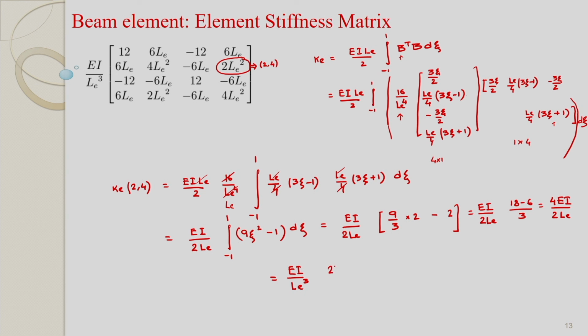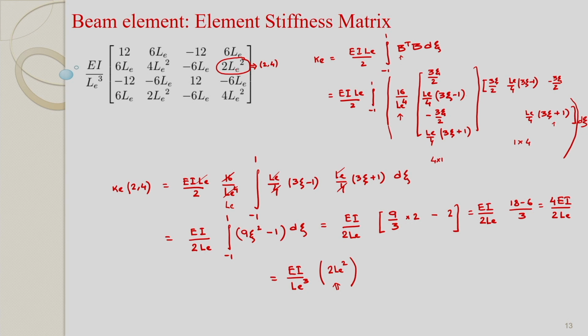So, it will be multiplied with 2 Le square. So, you can see I have obtained this 2 Le square. Here EI by Le cube is common for all 16 terms. Thus, we have understood how to get the term of this element stiffness matrix for beam formulation.